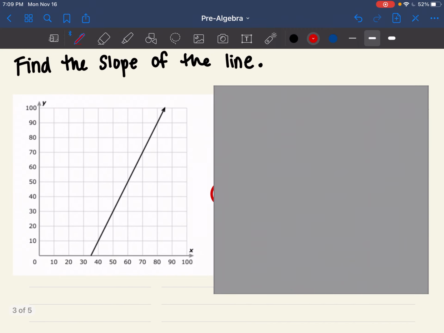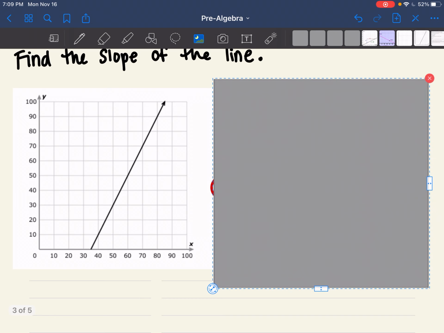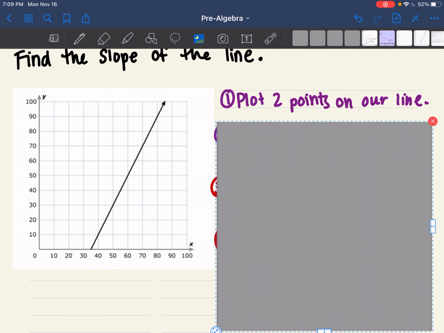So right here, I'm giving you a graph that has a line, and we need to find the slope of that line. Our first step is that we're going to plot 2 points on our line. Remember, when we're plotting 2 points on our line, we want to plot those points where the 4 corners of our grid lines and our line meet. So right here would be a good point.